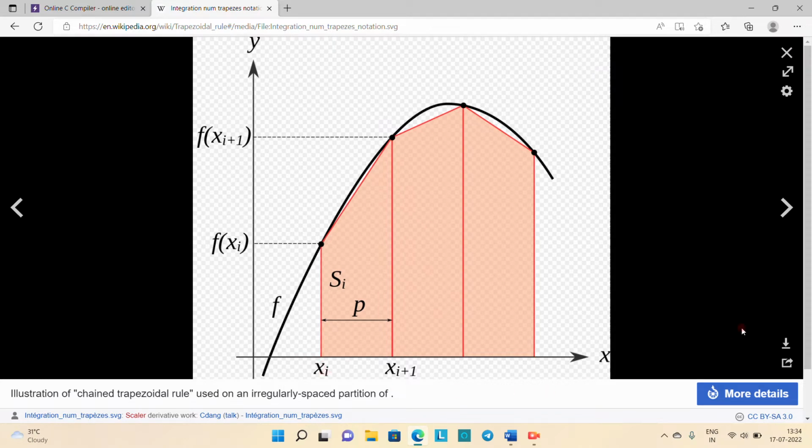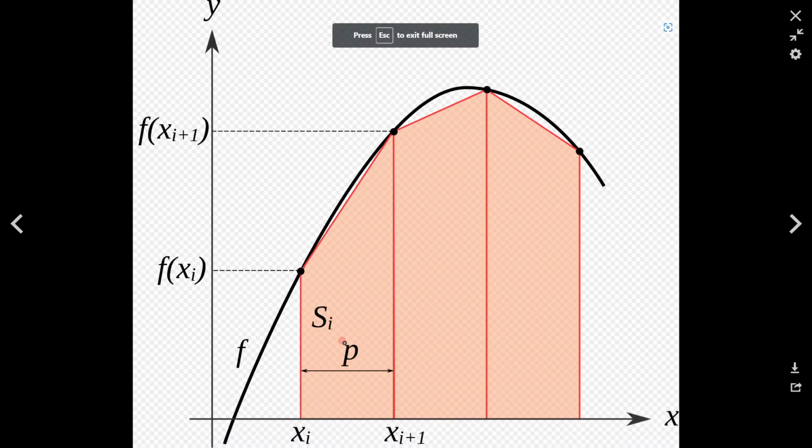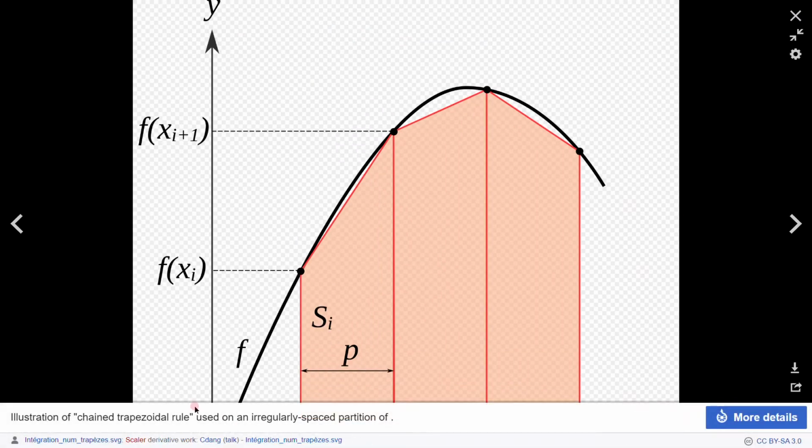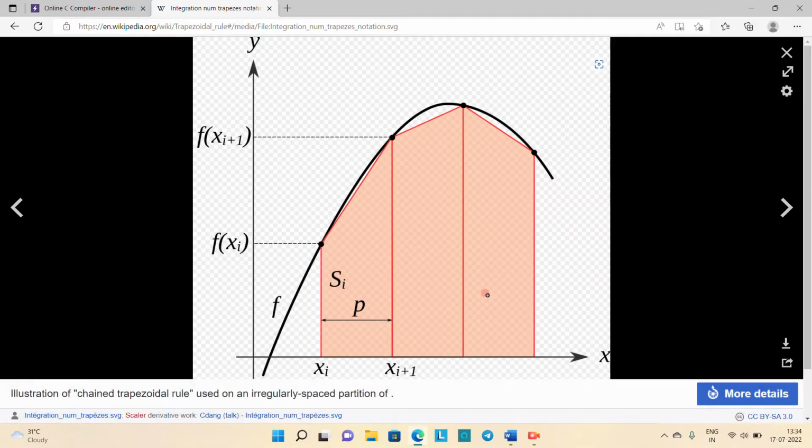If we put i equal to 0, then this is xi, so it's x0, and then x1, x2, and after more distance, this is xn. So x0 is a and xn is b.